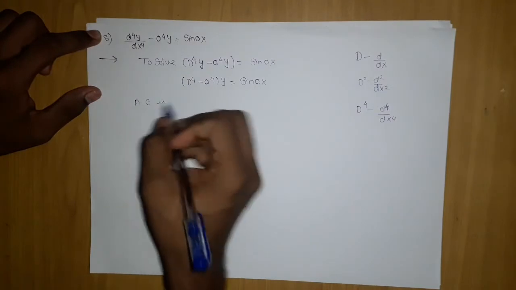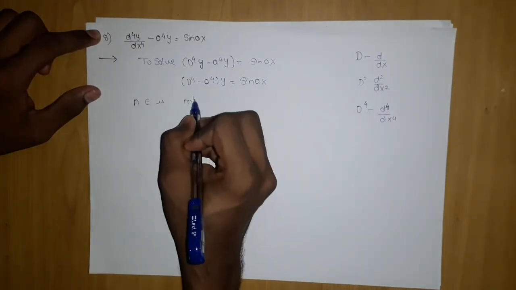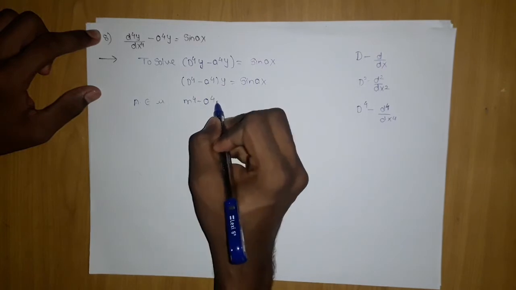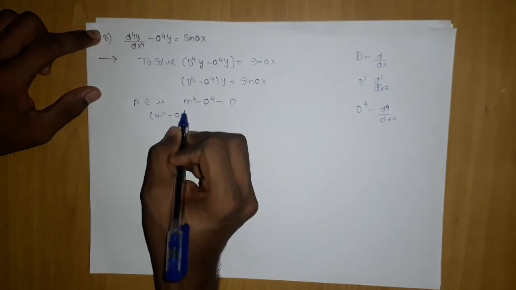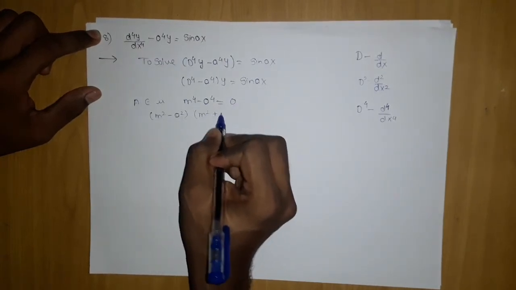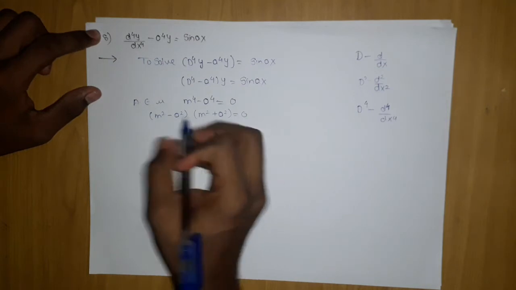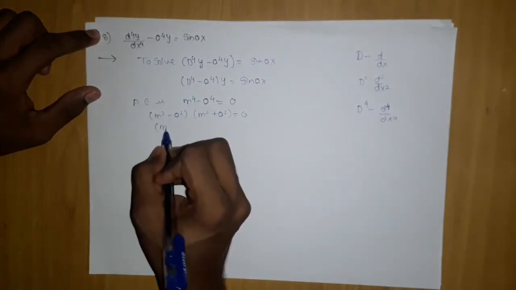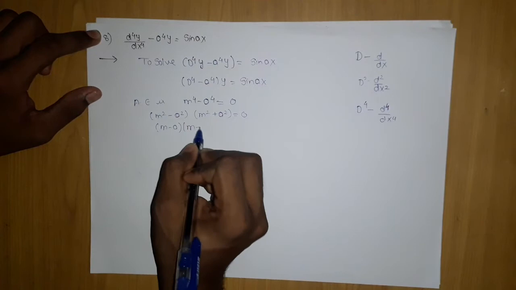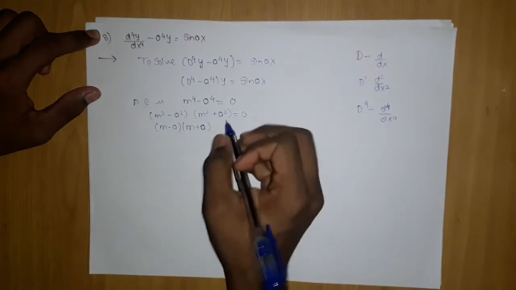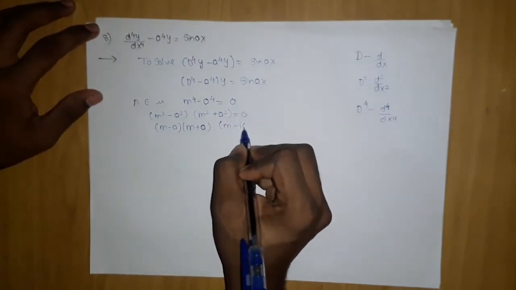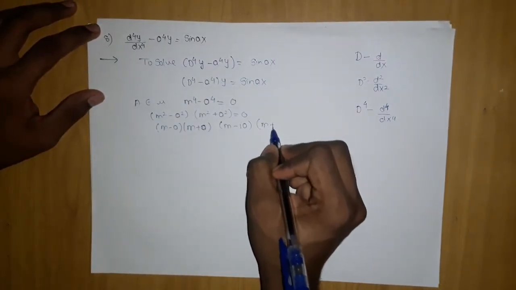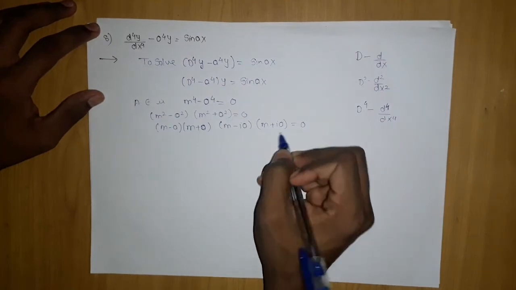After this, the auxiliary equation is again a similar thing: m power 4 minus a power 4 equals 0. If you solve this, you will get m square minus a square into m square plus a square equal to 0, giving m minus a, m plus a, and m minus iota a, m plus iota a equal to 0.